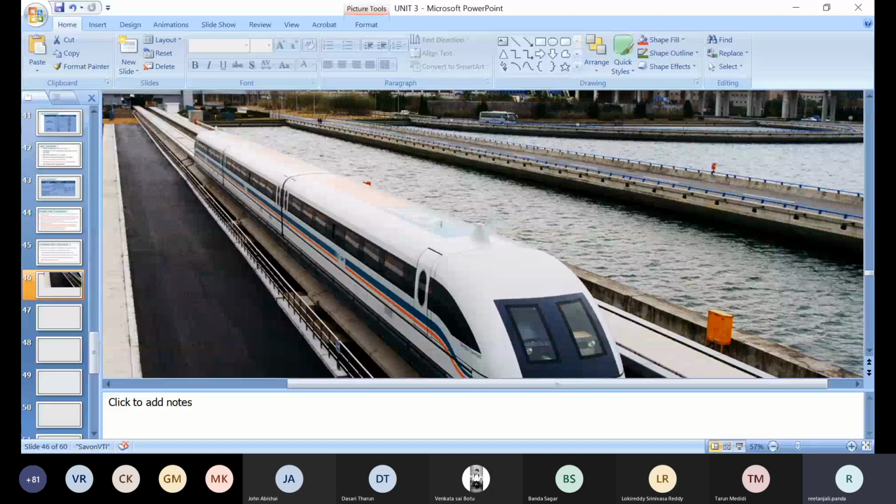Those two concepts they are going to use here. The magnetic levitation is due to the Meissner effect, and the movement of the train is due to attraction and repulsion between similar and dissimilar poles. Okay, this is what the maglev train looks like, and this is the magnetic levitation we have seen.